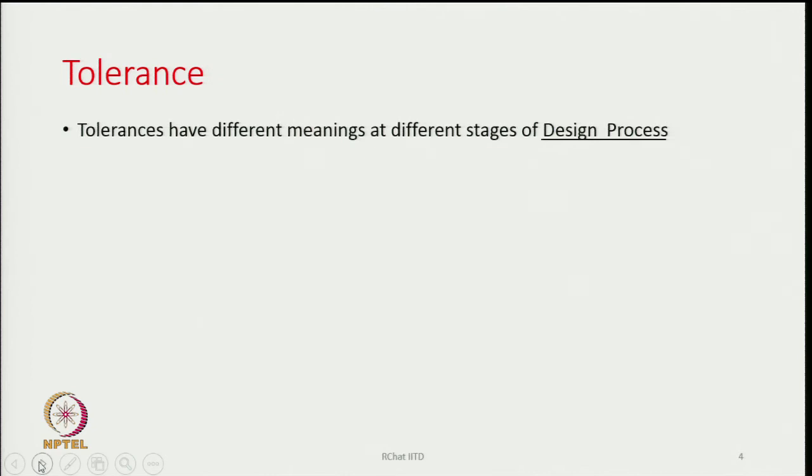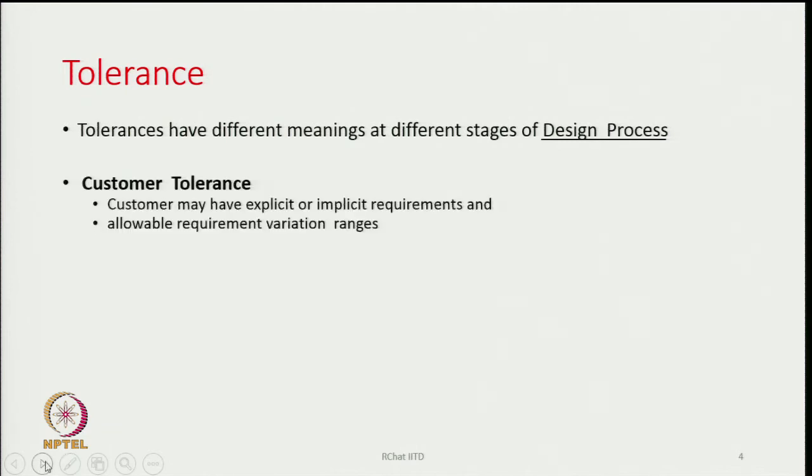Now, tolerance has different meanings at different stages of the design process. First one is customer tolerance. Customer may have explicit or implicit requirements and allowable requirements variation ranges. So, the customer may specify this is the tolerance he is going to accept, beyond which he will not accept.